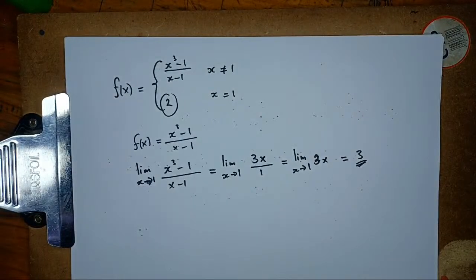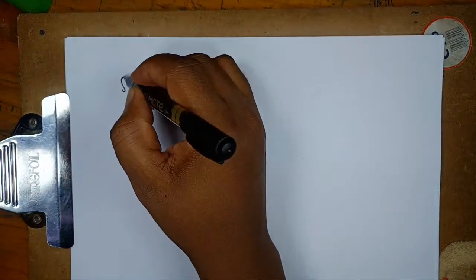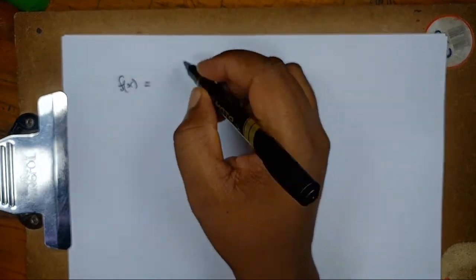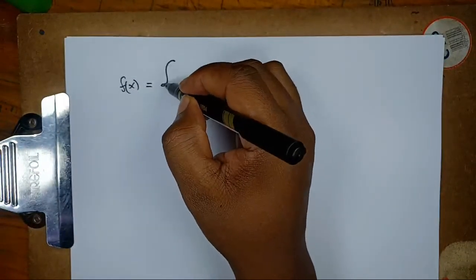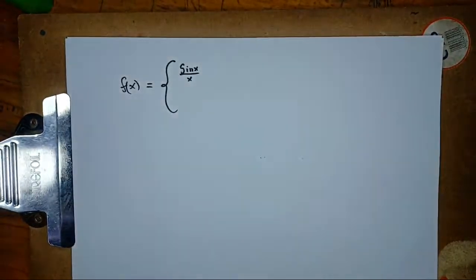Okay. Let's test something else so I can understand what is happening. So this time around, let's bring in a trigonometric function, sine x over x. We test that it is continuous at x is equal to 0. So the piecewise function is f of x is equal to sine x over x.